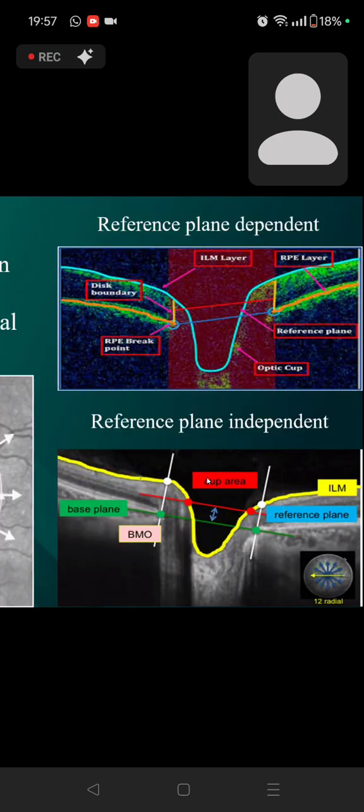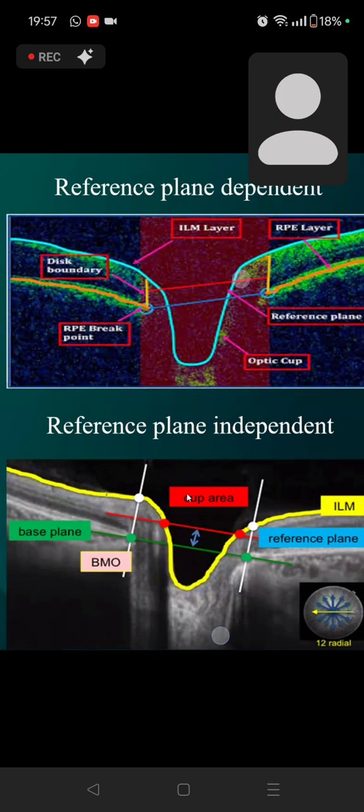Minimum rim width is the distance between the cup margin and the border marked under the Bruch's membrane opening. That is called BMO-MRW. This is followed especially for difficult discs like a myopic disc or tilted disc, where there is difficulty in establishing the OCT findings.